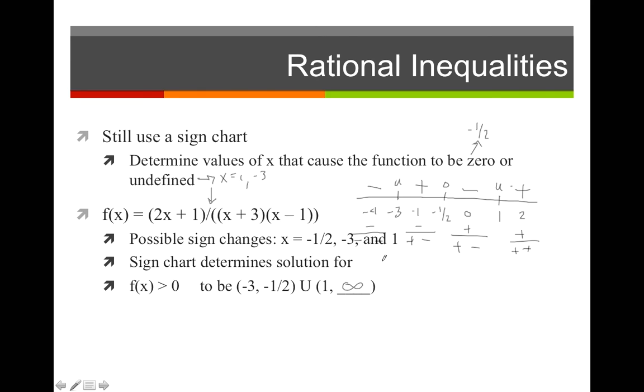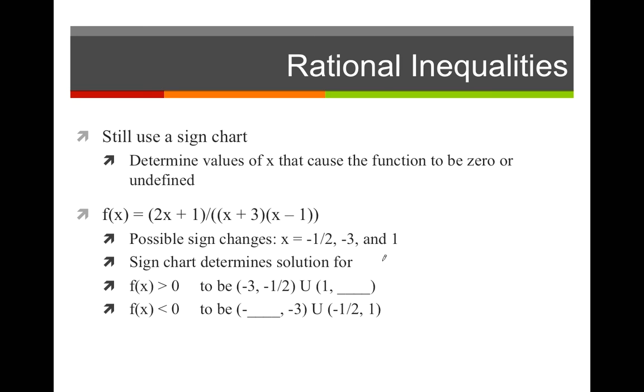But I want to change the statement just a little bit here. If I was to say less than, then it would be negative infinity. But what if I was to say f of x is greater than or equal to 0? Well, f of x greater than or equal to 0 says I can now use 0.